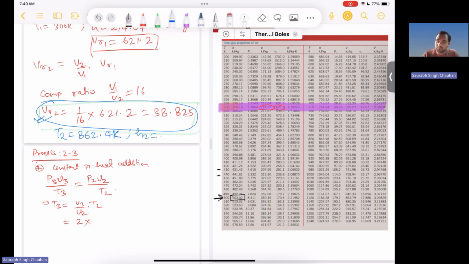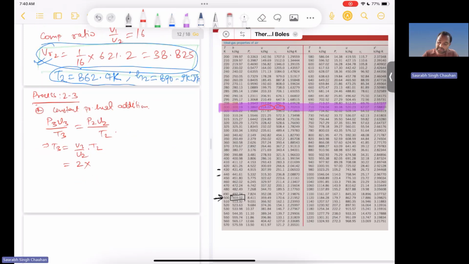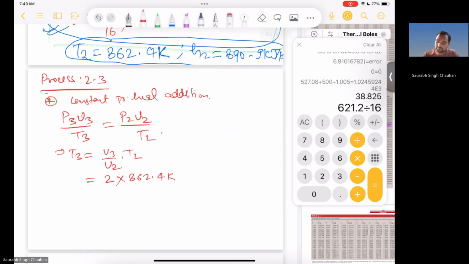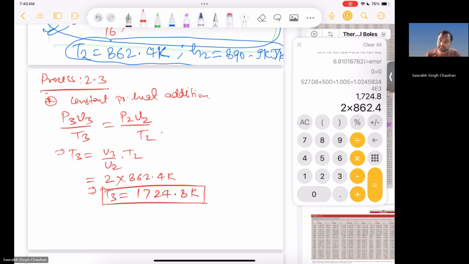And H2 is equal to 890.9 kilojoule per kg with these values. So T2 is 862.4 Kelvin. So T3 is coming out to be 1724.8 Kelvin.